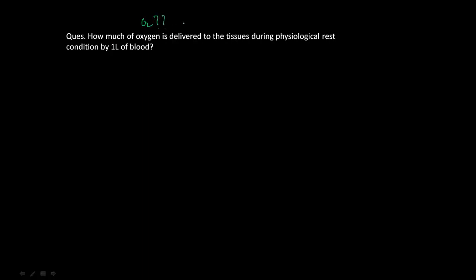The question is asking how much oxygen is delivered to tissues during physiological rest condition, when we are just sitting and relaxing, by 1 liter of blood. So if you remember, we have just discussed that per 100 ml of blood, it has 20 ml of oxygen.